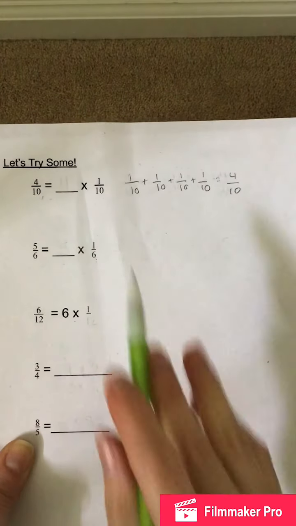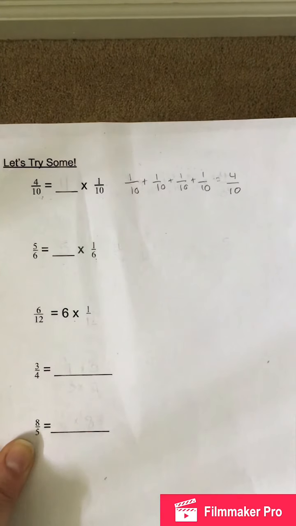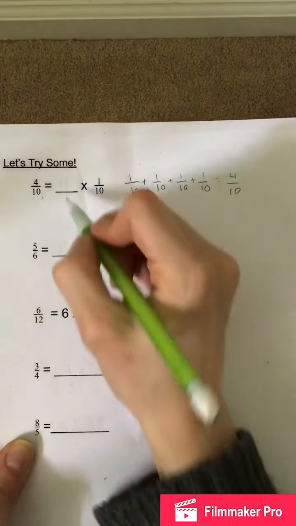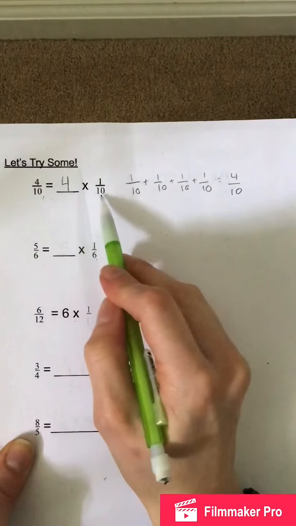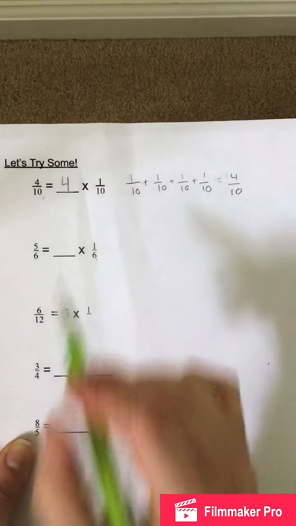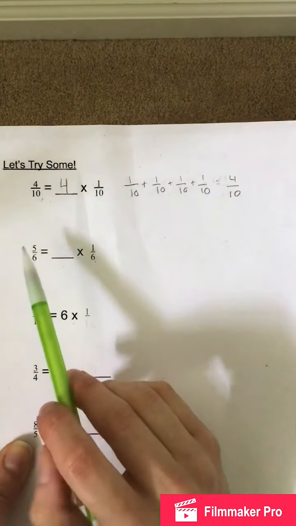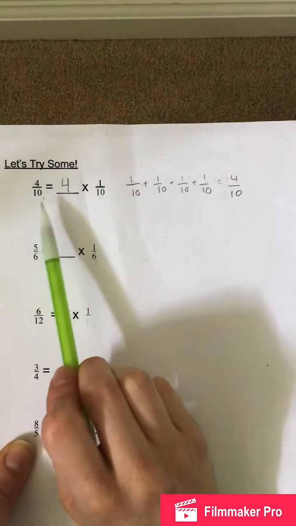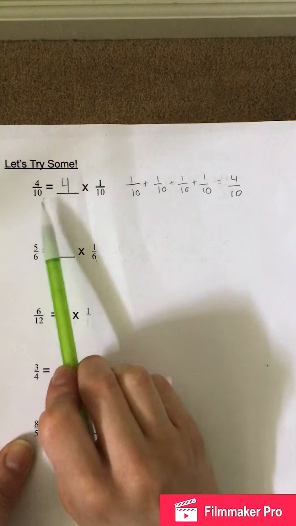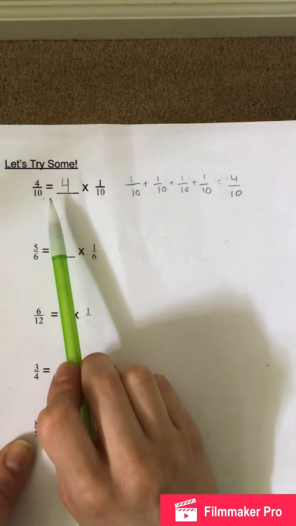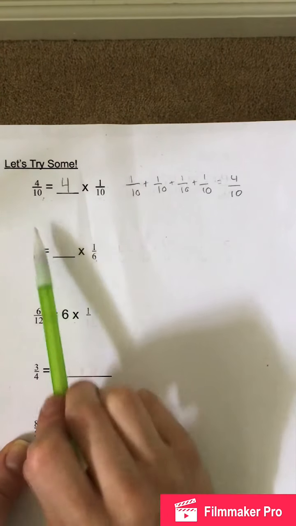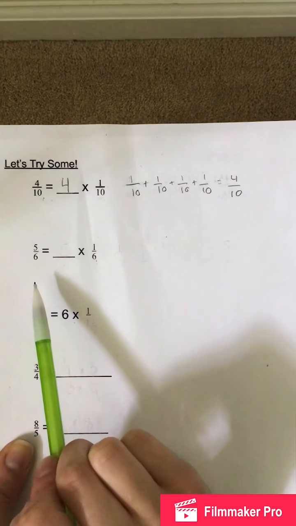Instead of writing this repeated addition, I can write it as a multiplication sentence. 4 times 1/10 equals 4/10. You may be wondering why the equal sign is in the beginning of the equation. That's okay. Remember, the equal sign can be at the front or the end of an equation.